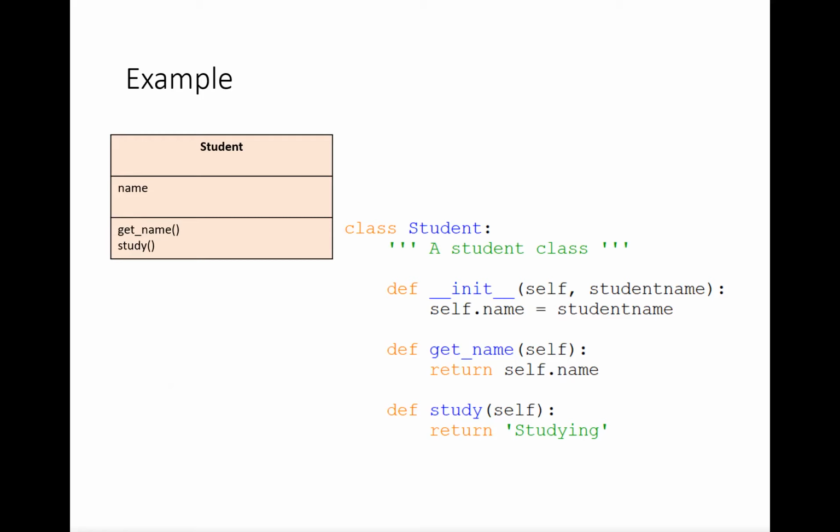Then we have get name, to get the name of the person. And finally study, independent of the data you have, you can simply say study.